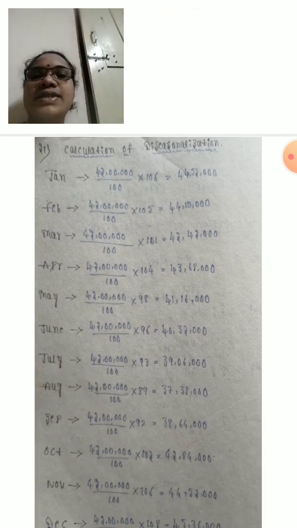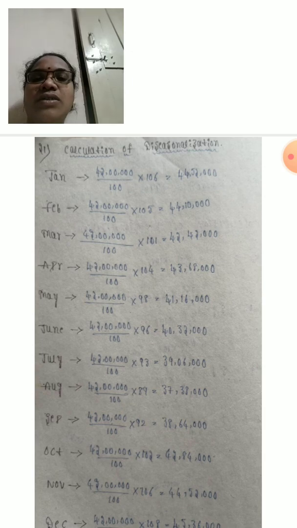Calculation: January, 42 lakhs by 100 into 106, 44 lakhs 52,000. Next February, 42 lakhs by 100 into 105, 44 lakhs 10,000. March, 42 lakhs by 100 into 101, 42 lakhs 42,000.